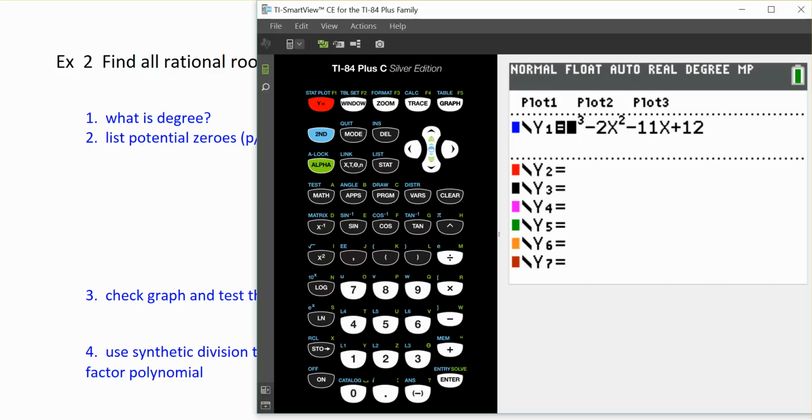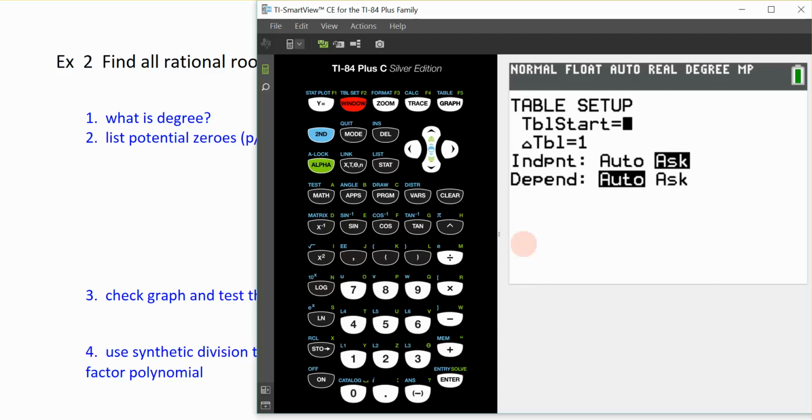If you don't have this already set up in your calculator, make sure that you go to second window, and have your table's independent variable set to ask. In other words, independent was my x value, dependent is y. So I'm going to put in an x value and the calculator is going to give me back the y value.